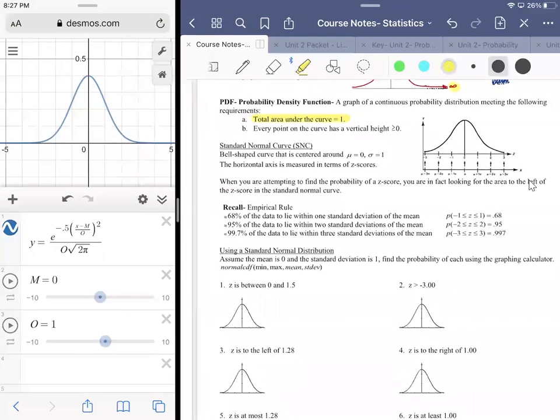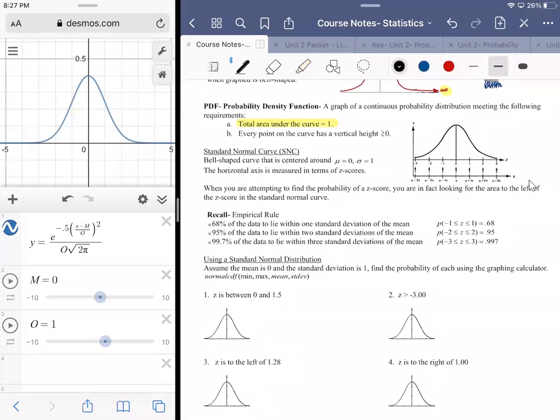Right? Here's a nice little typo for somebody. Assume that the mean is 0 and a standard deviation of 1. Find the probability of each using, well, the graphing calculator is fine, but I would want to say the Desmos calculator. And so this function is going to be different.